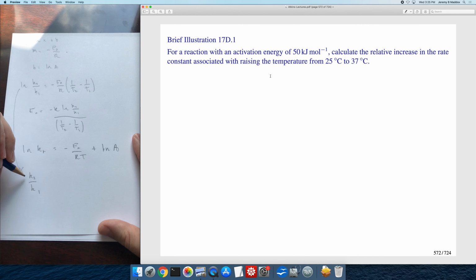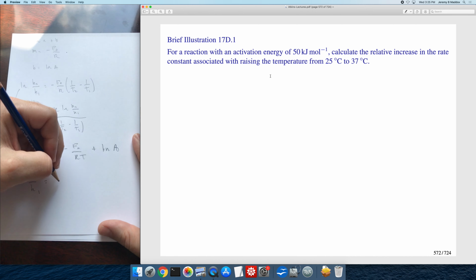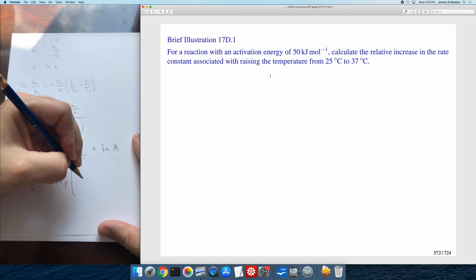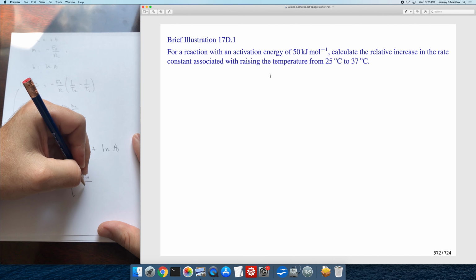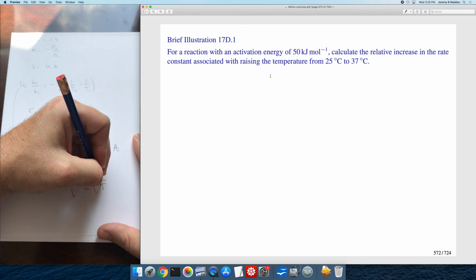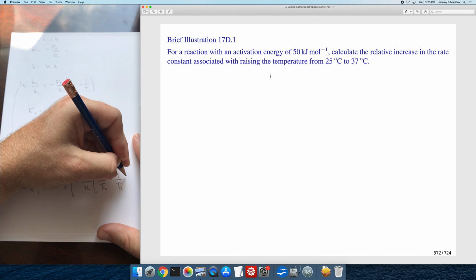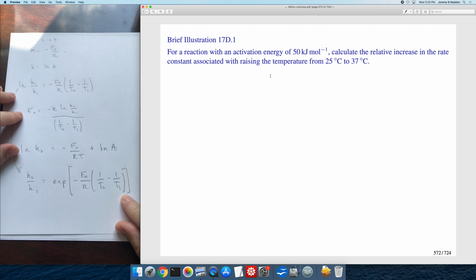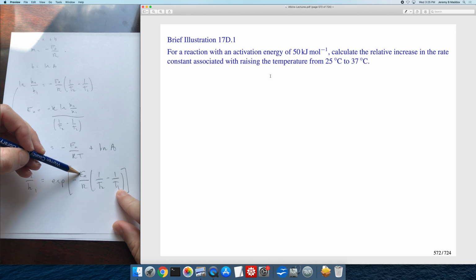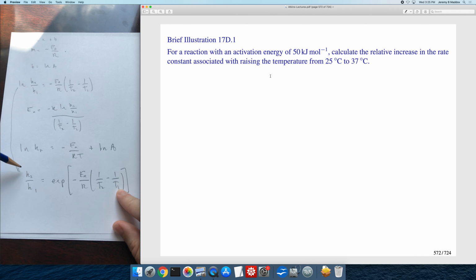They essentially want you to calculate this ratio. So you would plug in, you'd convert the temperatures to Kelvin, but you would put the 37 degrees in units of Kelvin here, the 25 degrees here, the activation energy goes there, and that's going to give you the relative increase in the rate constant.